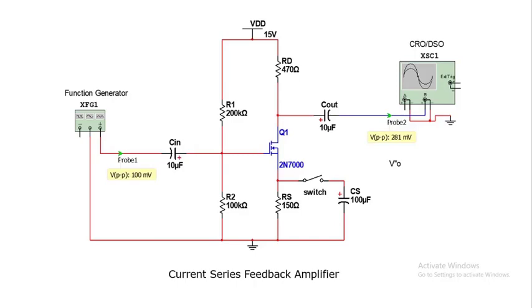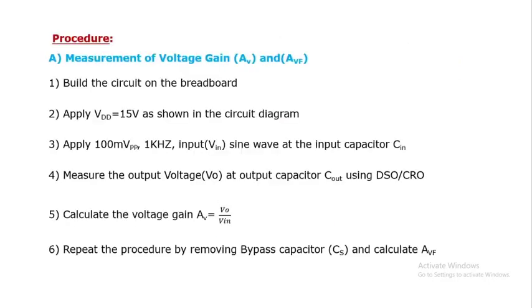We know that with feedback the gain is reduced. So as the switch is open, the gain must be reduced, and if the switch is closed, the gain will be increased. And that's why the capacitor CS is called a bypass capacitor, which provides the low reactance path for the amplified signal. And if we remove this capacitor, the gain will be decreased.